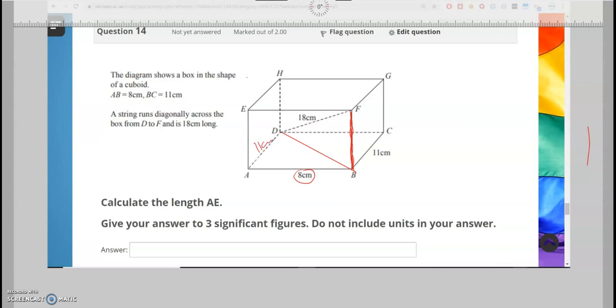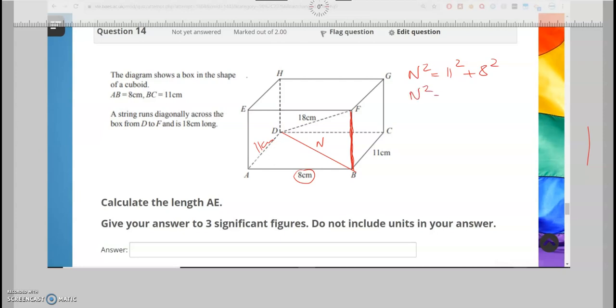So to work this out, which happens to be the hypotenuse of the triangle, let's label it as n. So to work n out, we go n squared is equal to 11 squared plus 8 squared.